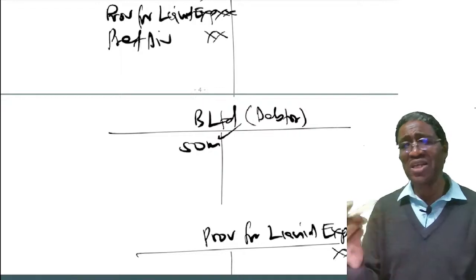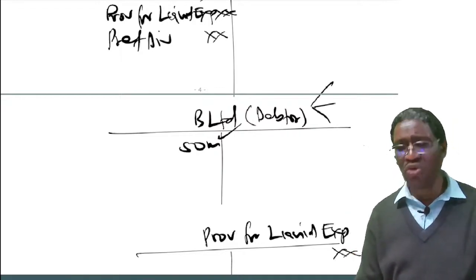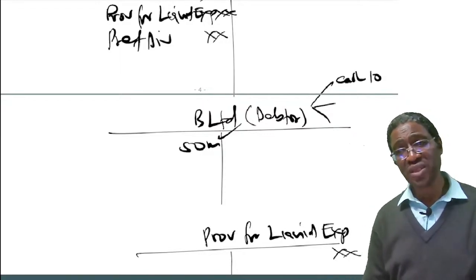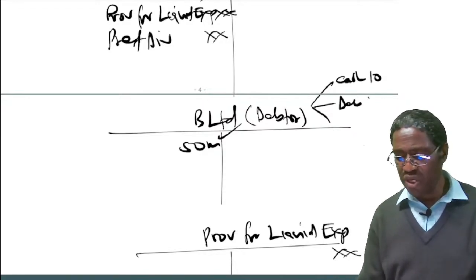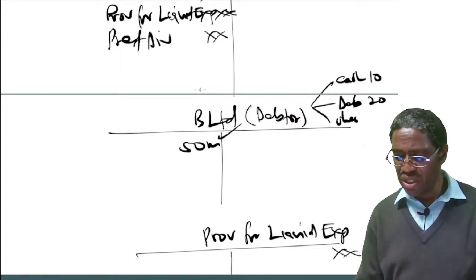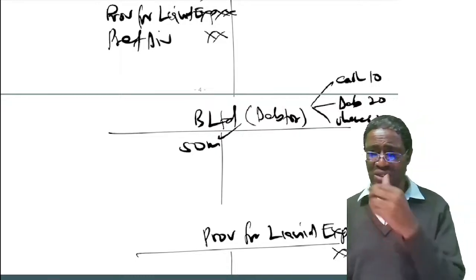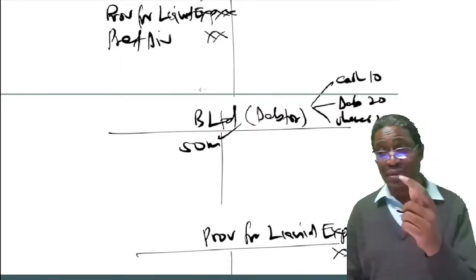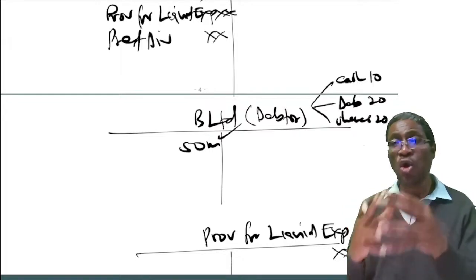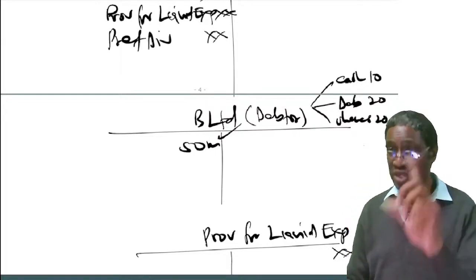But let us for now assume that the question tells you that out of 50 million, 10 million was paid in cash, 20 million was paid in debentures, and another 20 million in shares. So our step number 11 says, with the receipt of the purchase consideration, we are receiving it from this company.